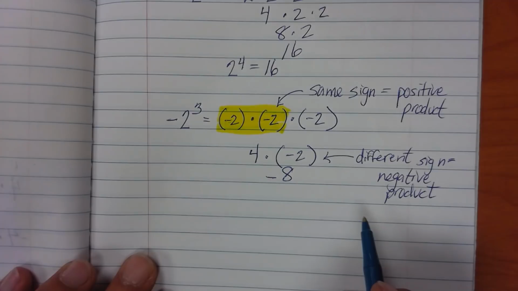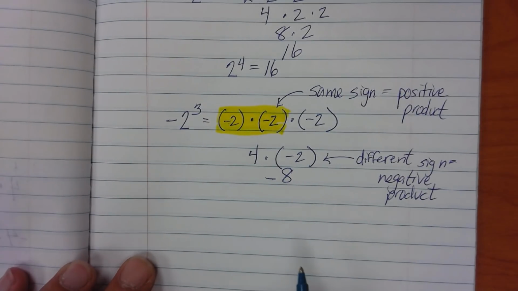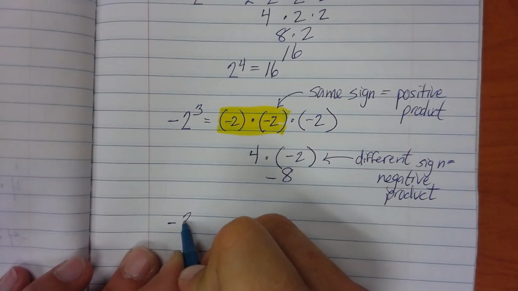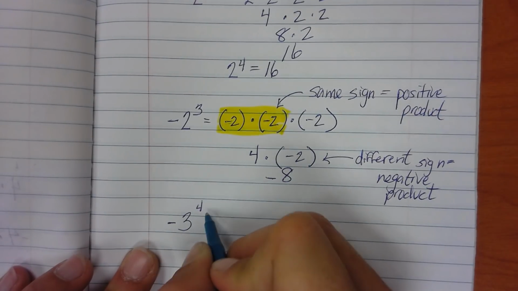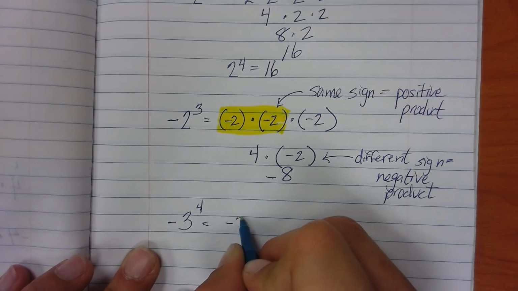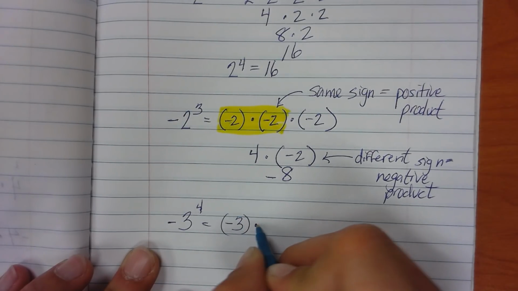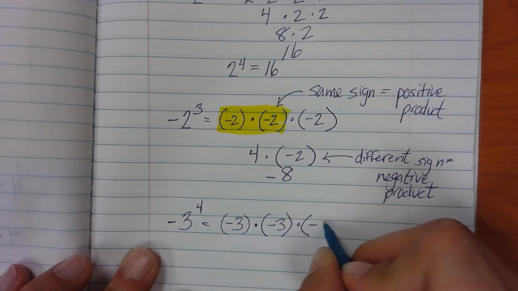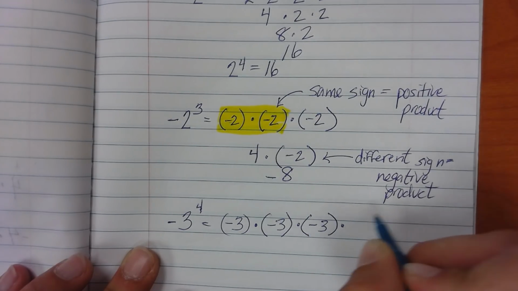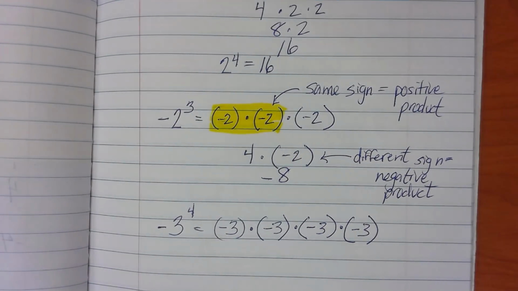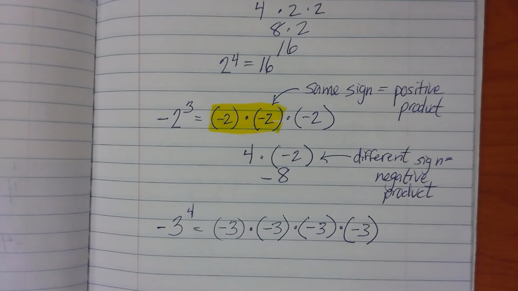Okay, and if I have negative 3 to the 4th, I'm writing it out first. This is key. Make sure that you write this out. If you're trying to do this in your head, it's one more thing you have to keep track of, and you are more likely to lose something.